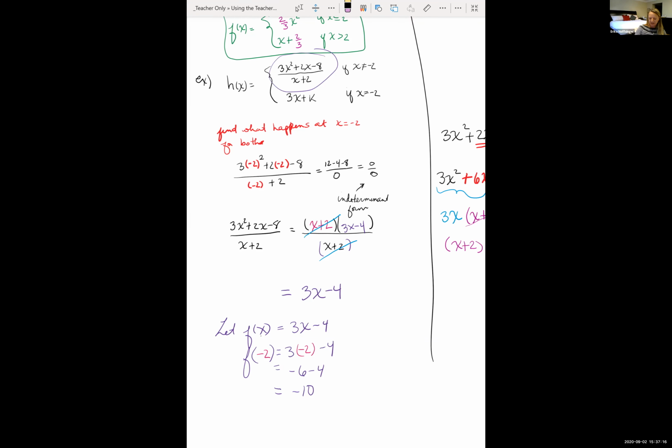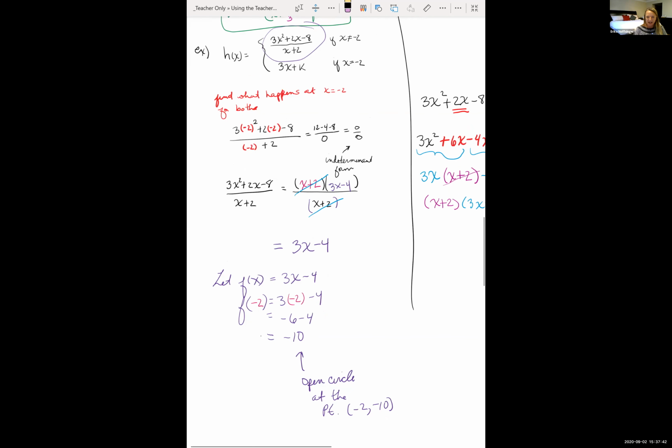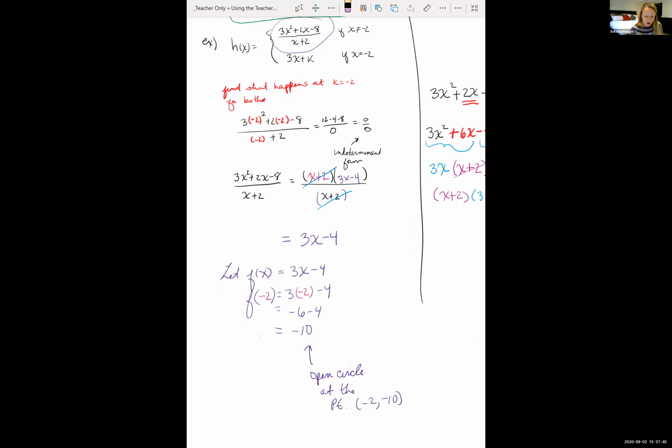So right now we have an open circle at the point -2, -10. We can close that and make it a closed circle if we can figure out what this k has to be up here to make this whole equation 3x plus k equal to our y value, -10.